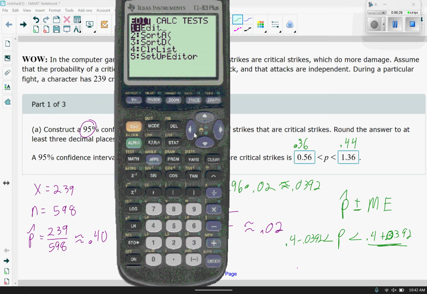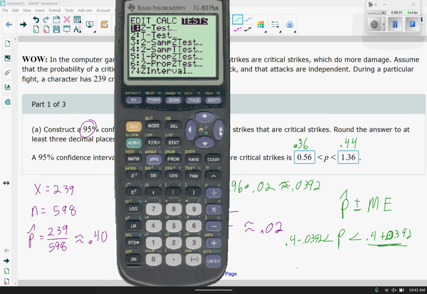So what you can do is go to stat and go to test, there we go. You want the interval ones. Lately in class, what we did on Thursday was the proportion z-test, the one proportion, and then we also were doing those z-test and t-test and all that kind of stuff.